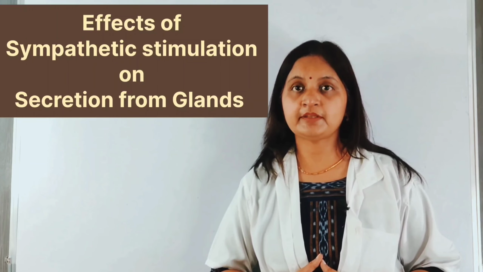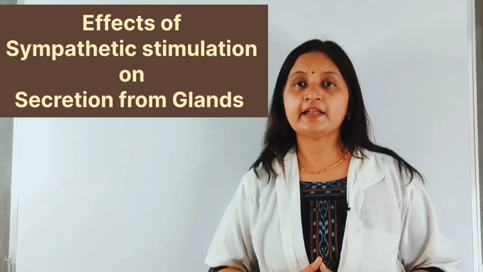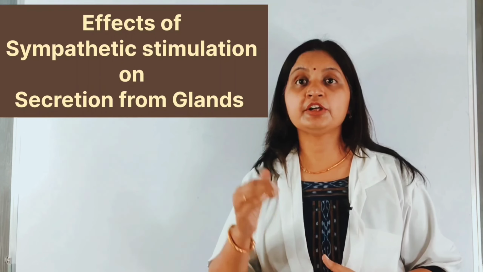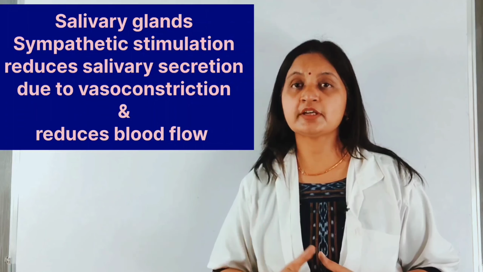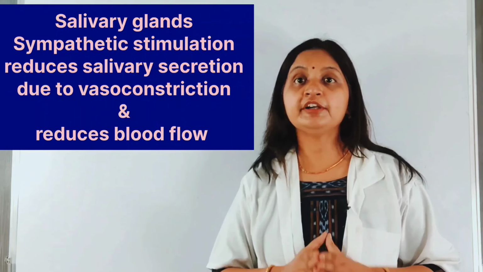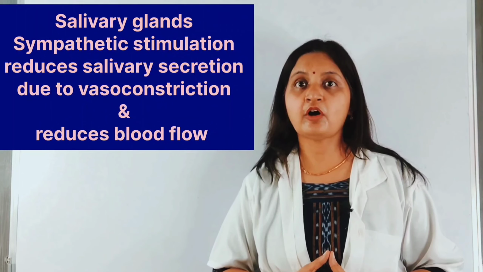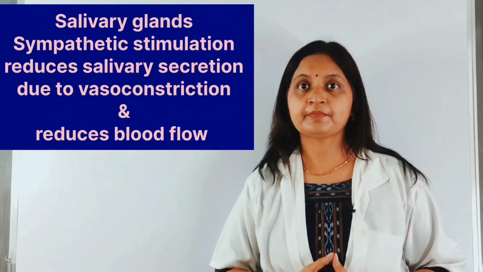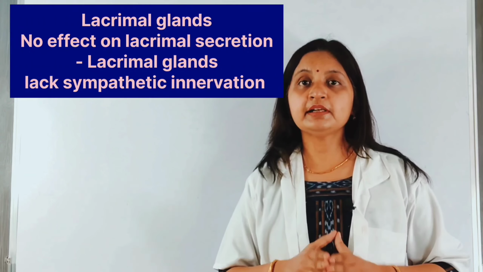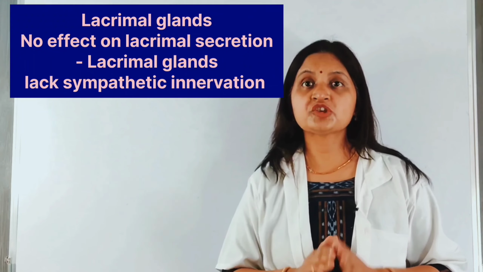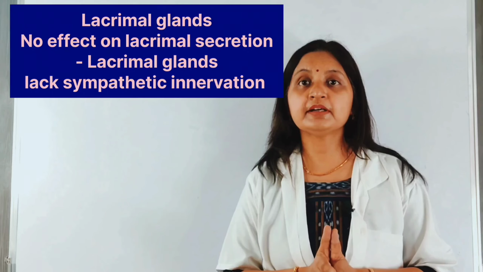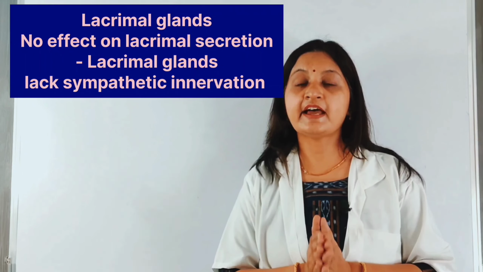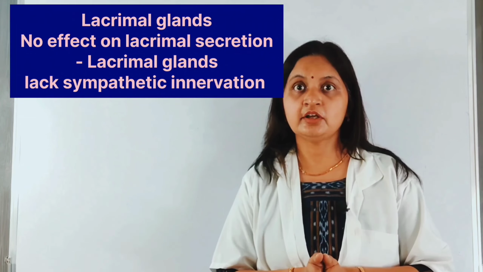The effects of sympathetic stimulation on secretions from the glands. Salivary glands. Sympathetic stimulation reduces the salivary gland secretions as a consequence of reduced blood flow resulting from vasoconstriction. Effect on lacrimal glands. Sympathetic stimulation has no effect on lacrimal glands as the lacrimal glands have no sympathetic innervation.